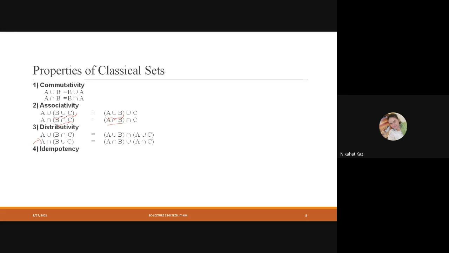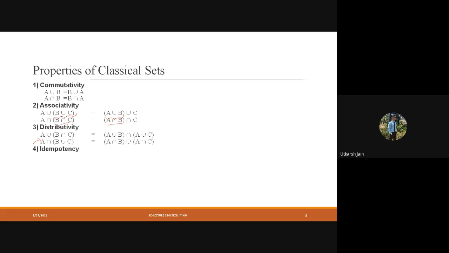What do you understand by an idempotent operation? Involving only one set. Okay. So basically, idempotency is when the order does not matter and the result in the end comes out the same, irrespective of the order.